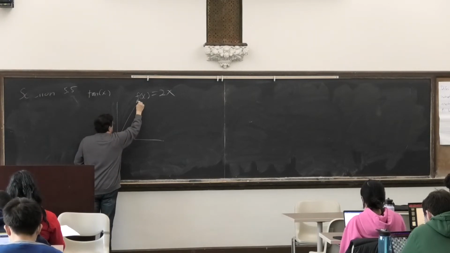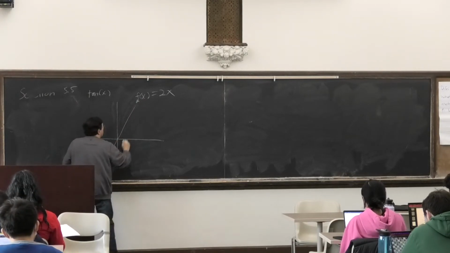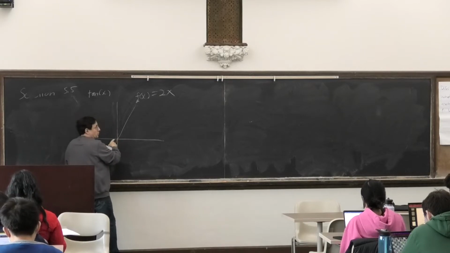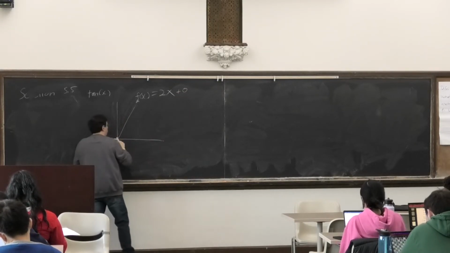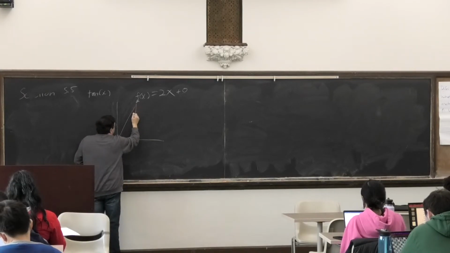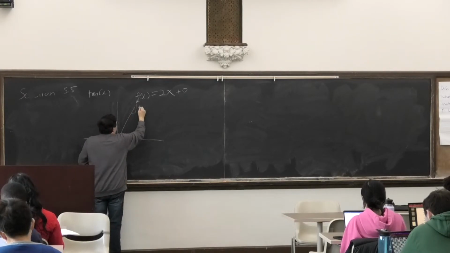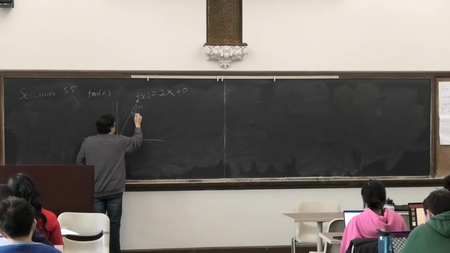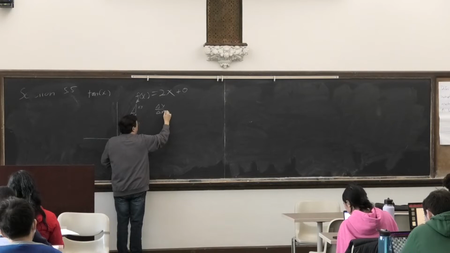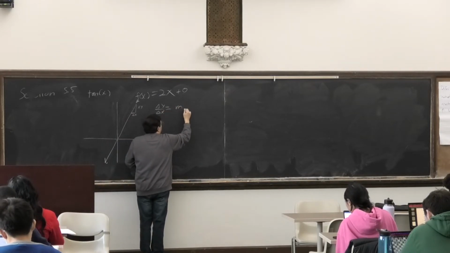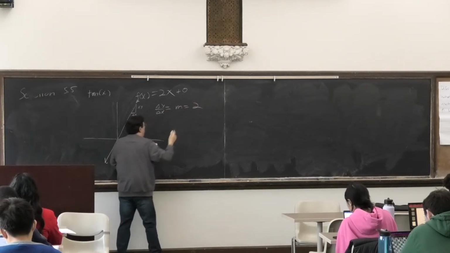You should all know how to draw this line. The y-intercept is 0, so it goes through 0. The change in y over delta x is our slope, which in this case just happens to be 2.